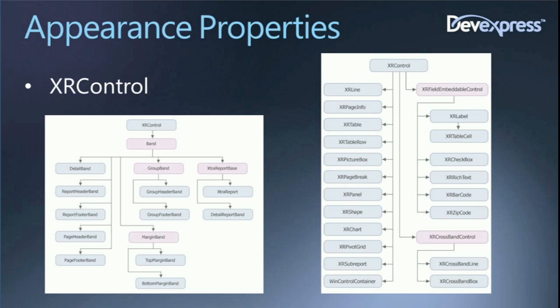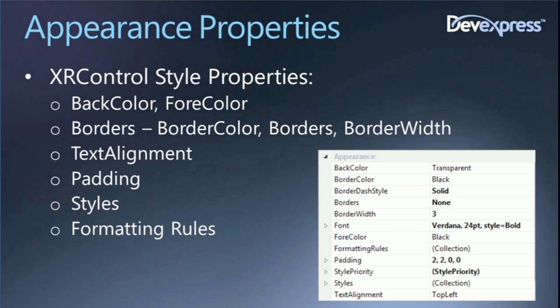Some of the properties that you can set on the XR control, or pretty much any control you drag onto the report, are the back color and fore color. We also have borders, border color, and border width. We can set those up.